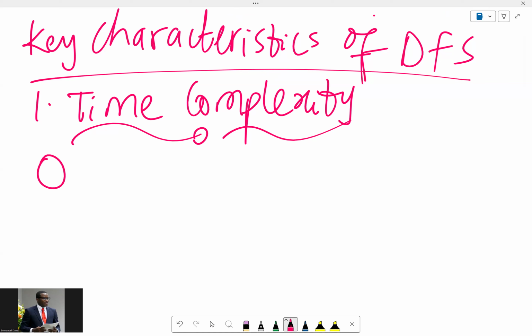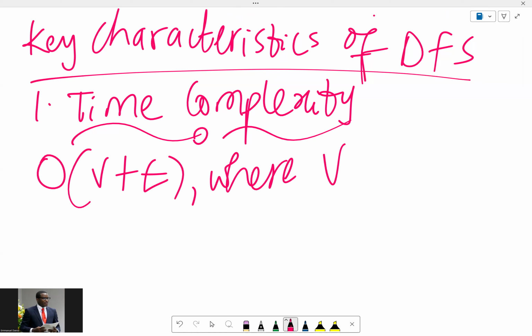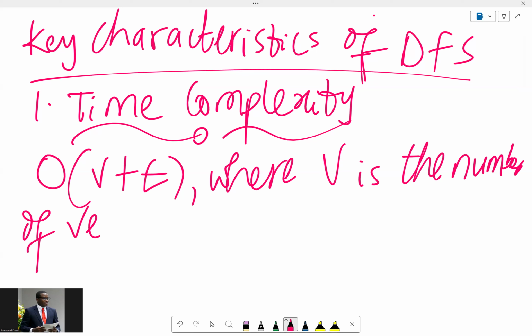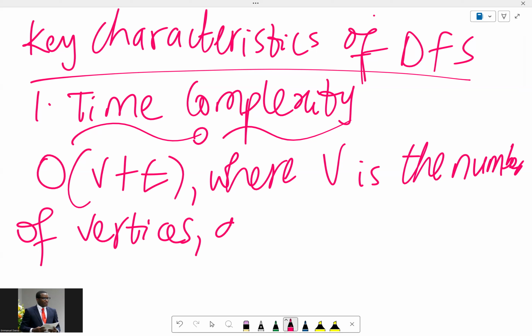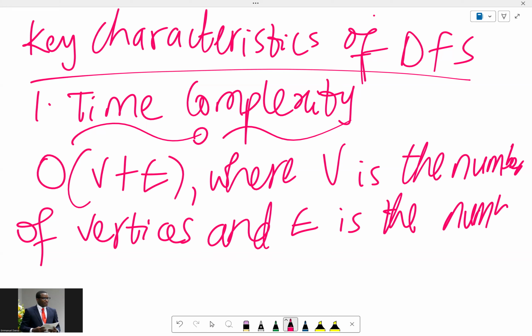So the time complexity for depth first search algorithm is O of V plus E, where V is the number of vertices or what you call nodes, and E is the number of edges.